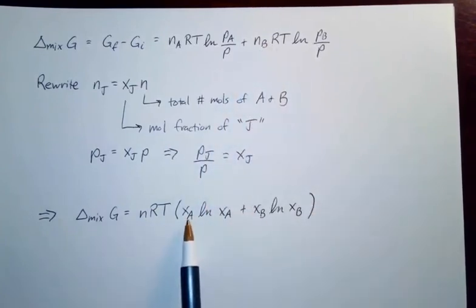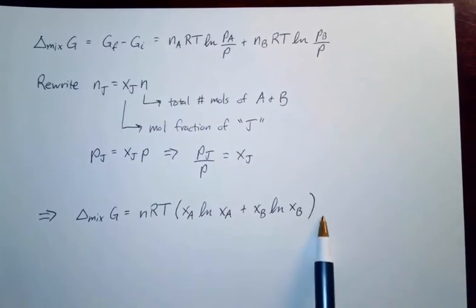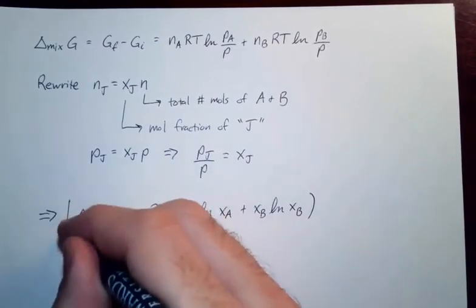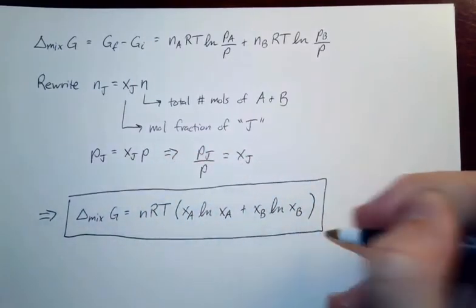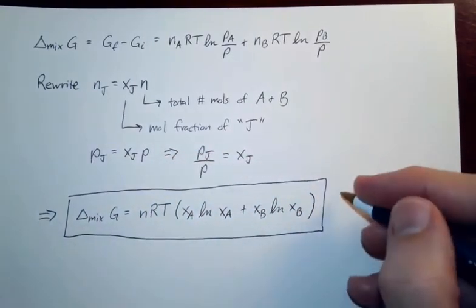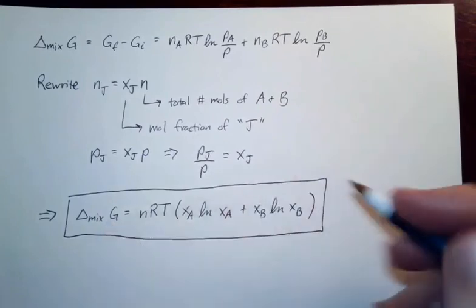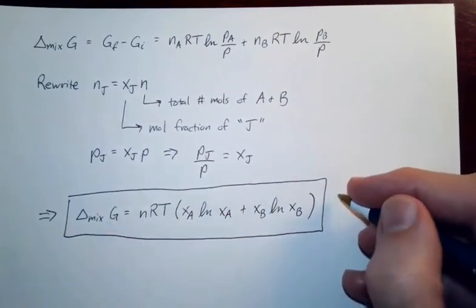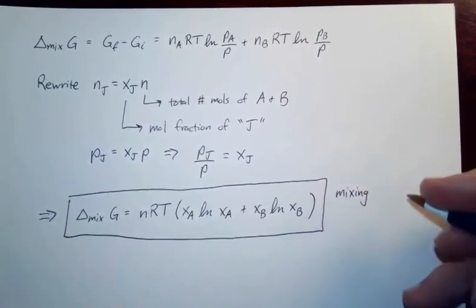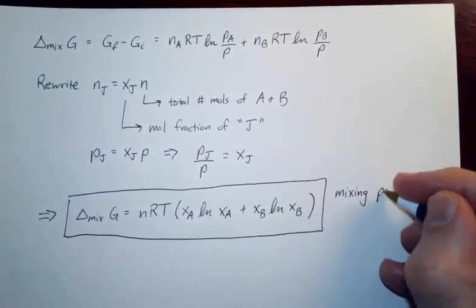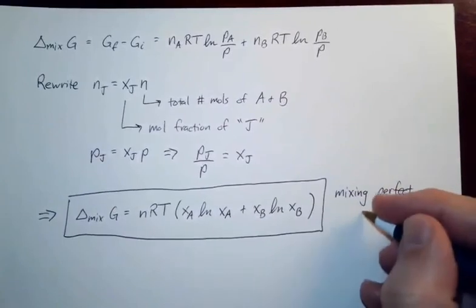And I'm left with XA ln XA plus XB ln XB inside. All right, so this is the Gibbs energy of mixing, the change in Gibbs energy when you're mixing perfect gases.